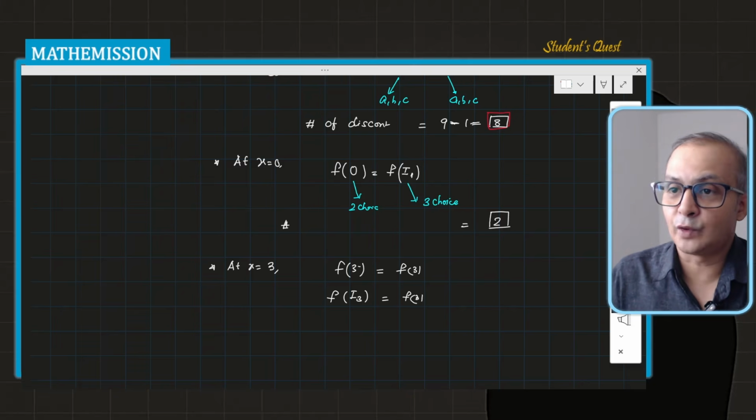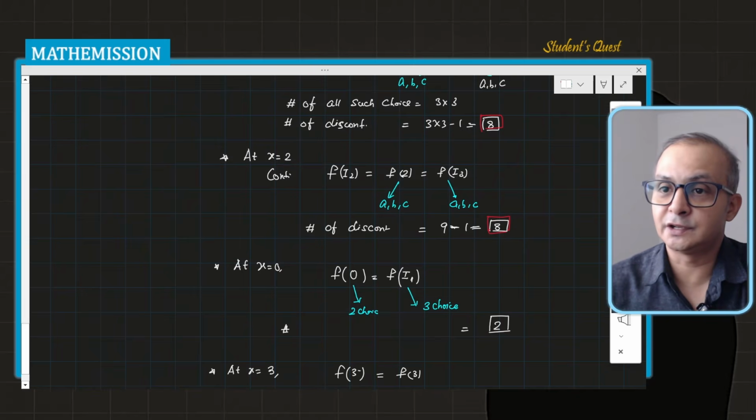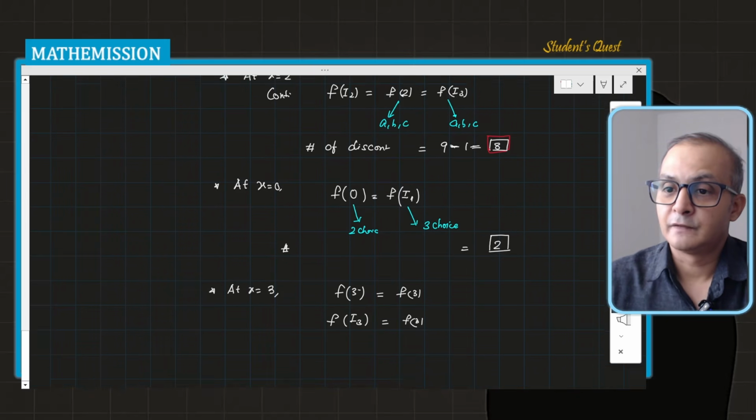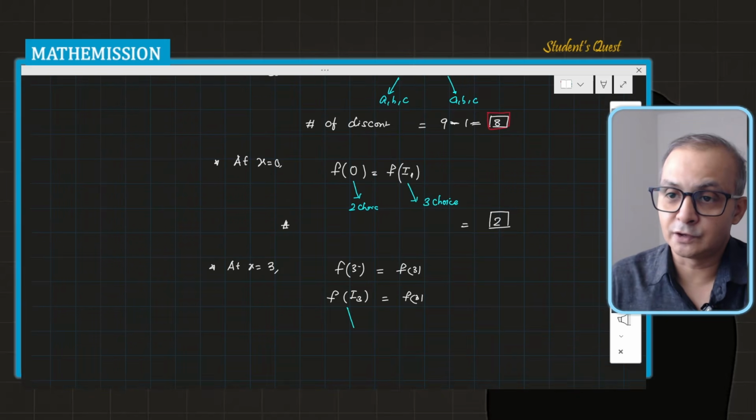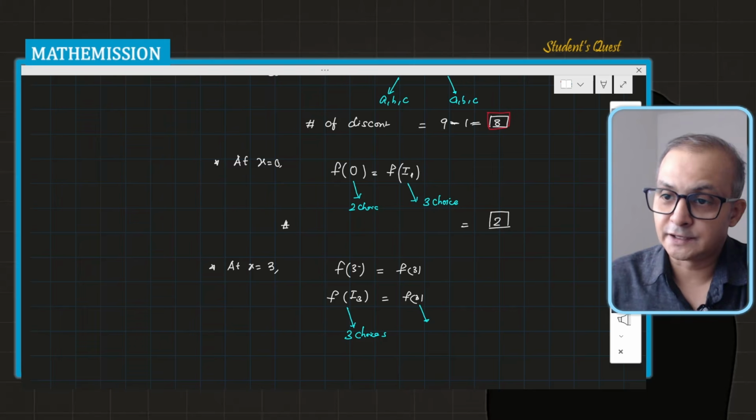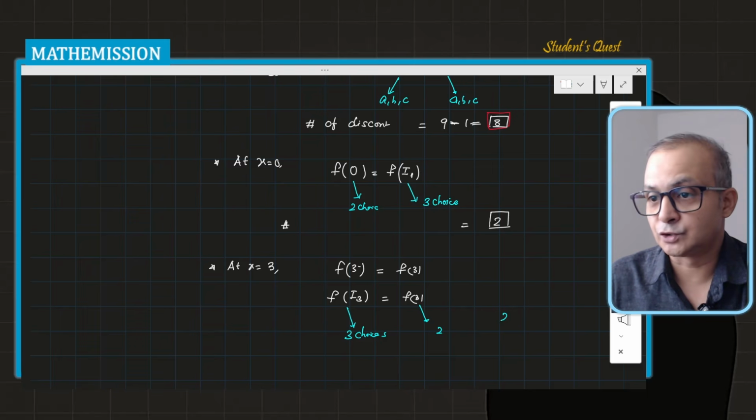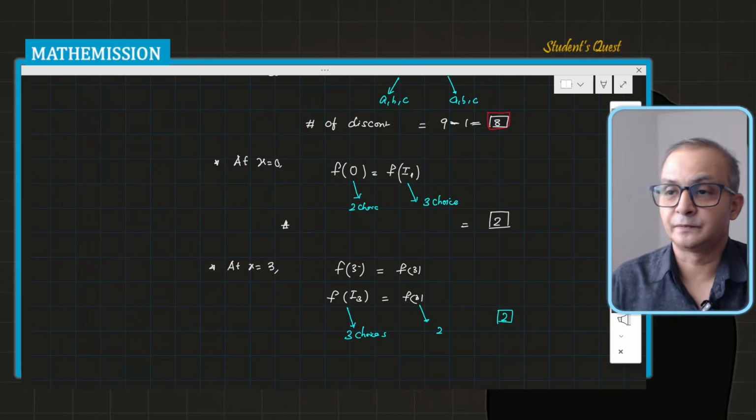Since while deciding the discontinuity here at 2, we have already taken that value is going to have 3 choices, and for f of 3 now I have 2 choices only. So this 2 will come there in total counting.